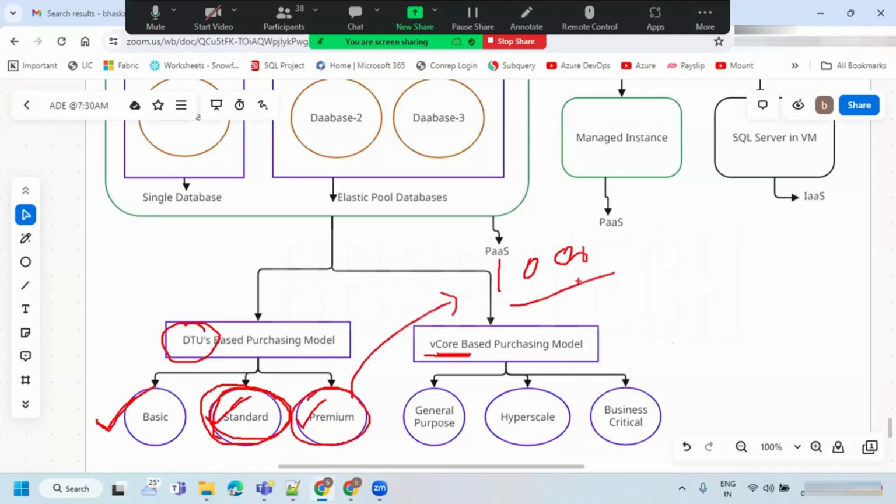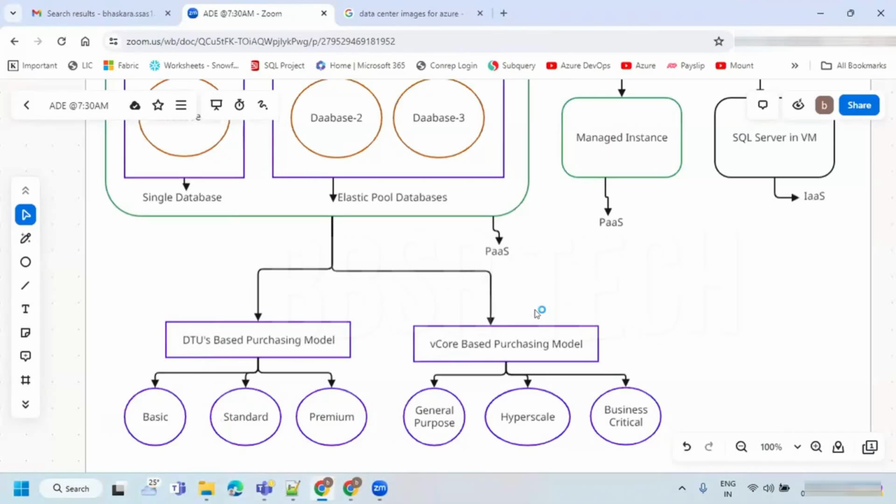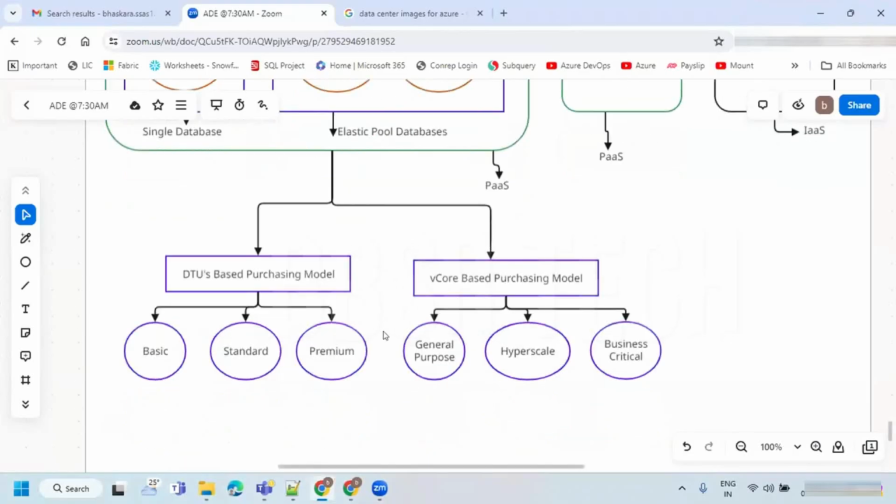Okay, so I'll talk about DTUs. DTUs means database transfer units. How many database transfer units are required for your database, that we need to decide.